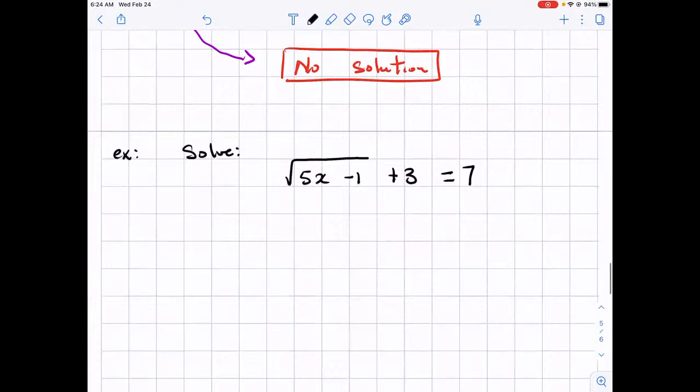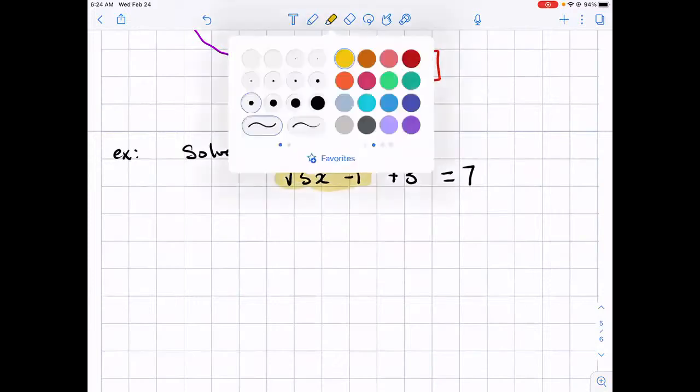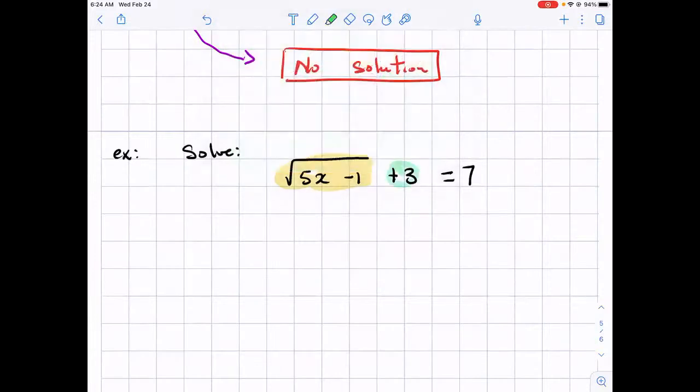So if you look on the side with the radical, we have the radical, but now we have also a plus 3. And this is what I said, the radical here is not by itself.